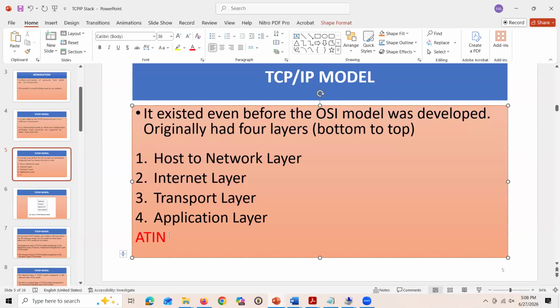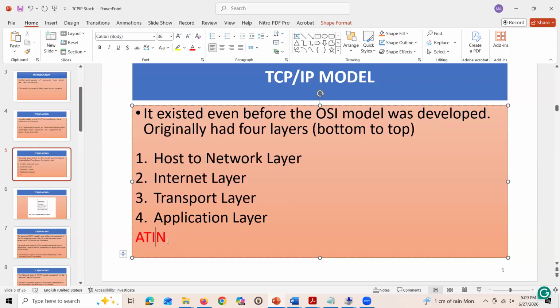So in order to remember these layers, we can use an acronym. We can mention it as ATIN, where A stands for application, T for transport, I for internet, and N for network.